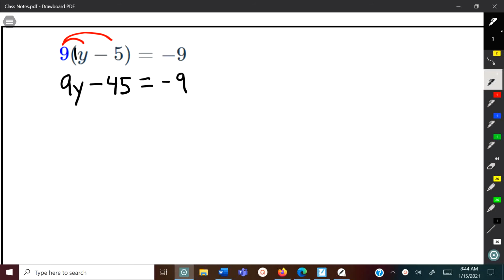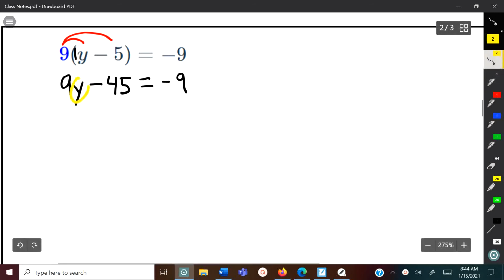Next we'll go ahead and do the opposite. We want to isolate this y by itself, and we want to eliminate this term by moving it over here. We do that by doing the opposite, and I'm going to add 45 on both sides.